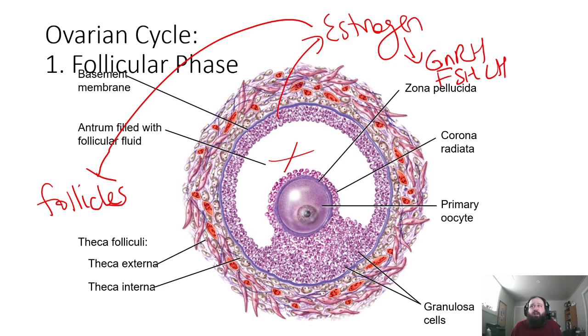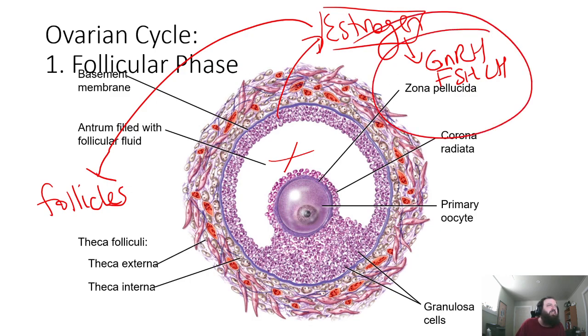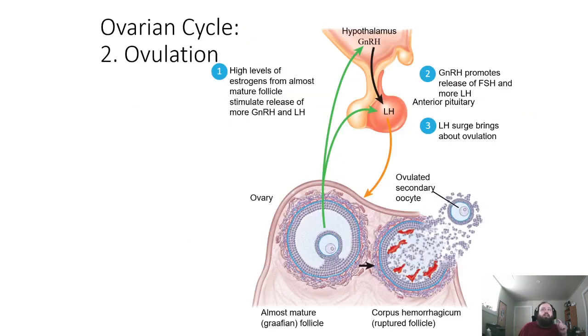The mature follicle is marked by production of huge amounts of estrogen. That really is the key. And yes, it inhibits the other follicles, but the real story we want to focus on is activating this GnRH, FSH, and LH axis. So at mid-cycle, what you end up getting is this surge of luteinizing hormone. This is due to that positive feedback loop, right?